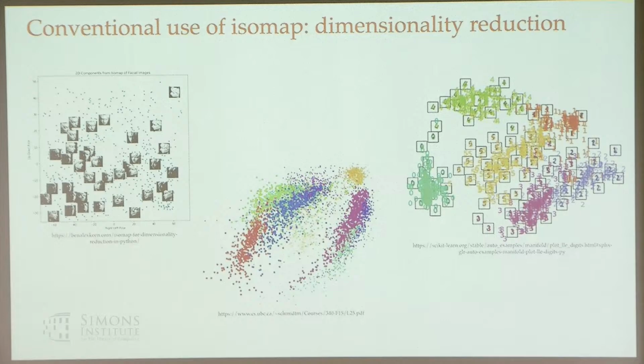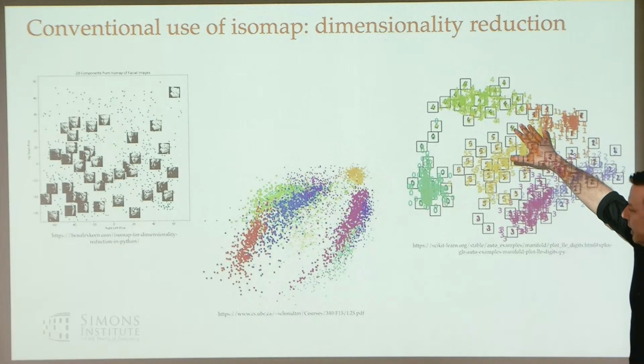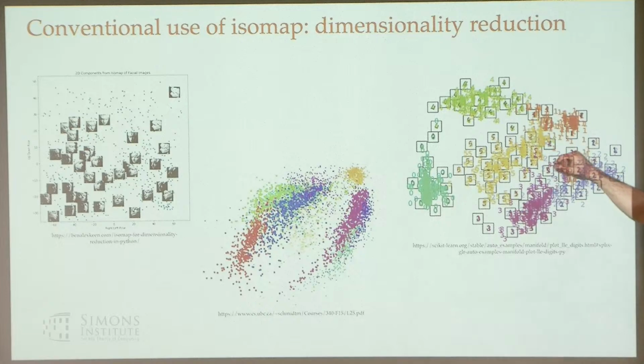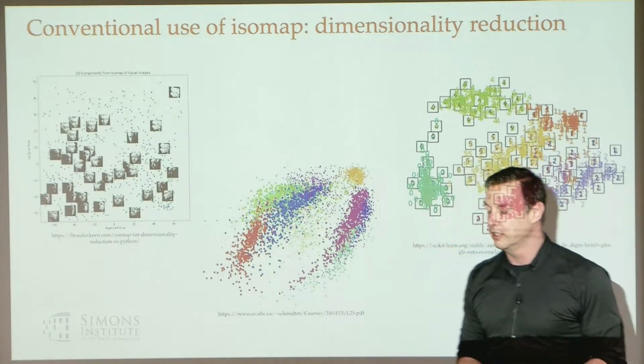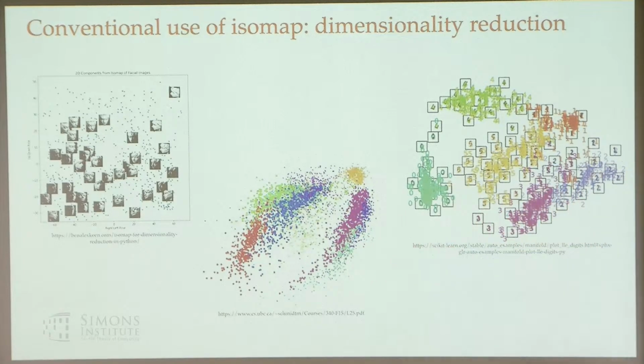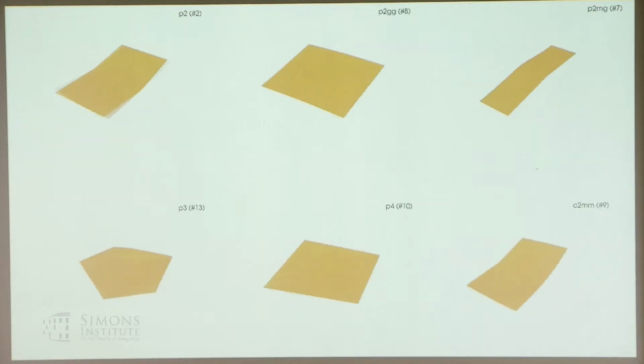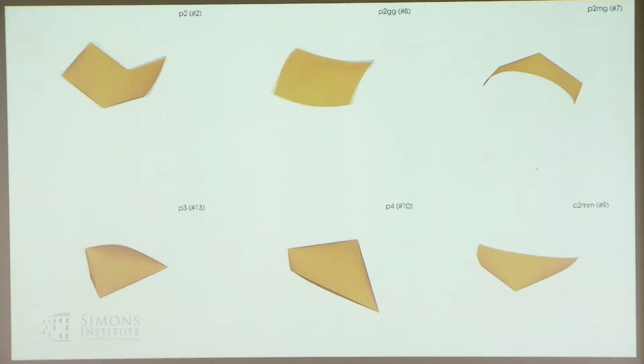We're kind of abusing it in a funny way, which is that it was invented to deal with the case where we have high dimensional data and we're trying to go to low dimensions. Here what we're going to do is start with low dimensions and actually go to a higher dimensional space in order to represent things. So we're actually blowing up the dimension in order to get this orbifold embedding. That's actually how I make these pictures.